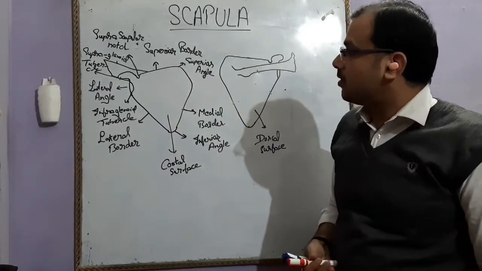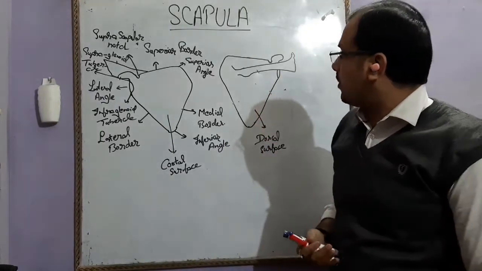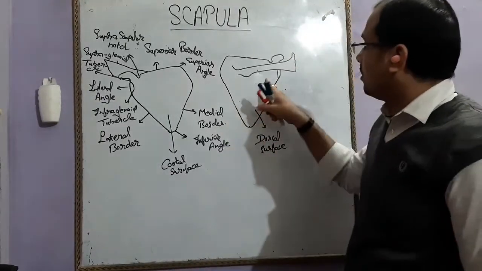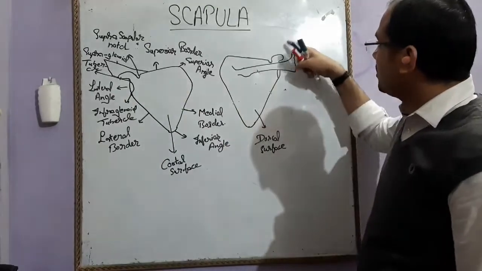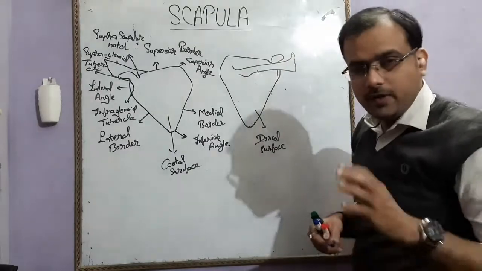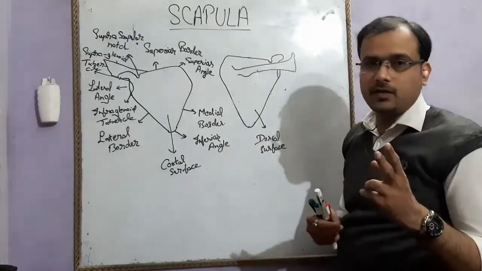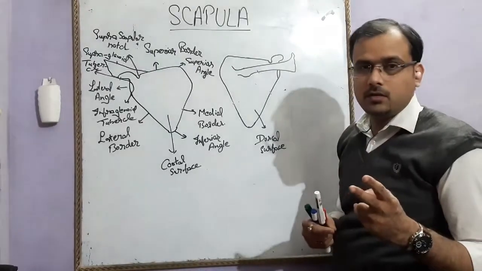Now we will discuss the processes of the scapula. On the dorsal aspect, this is the acromion process. If we talk about the features of the acromion process, it has two surfaces and two borders.